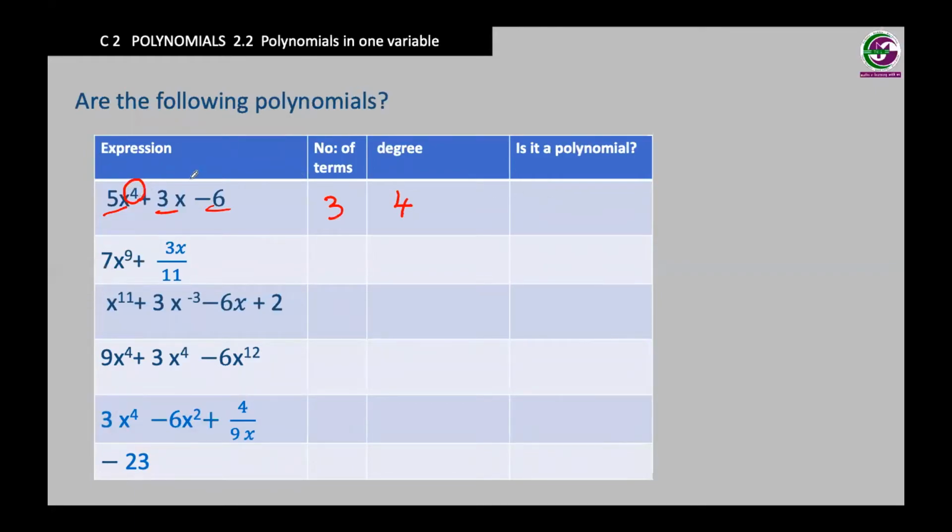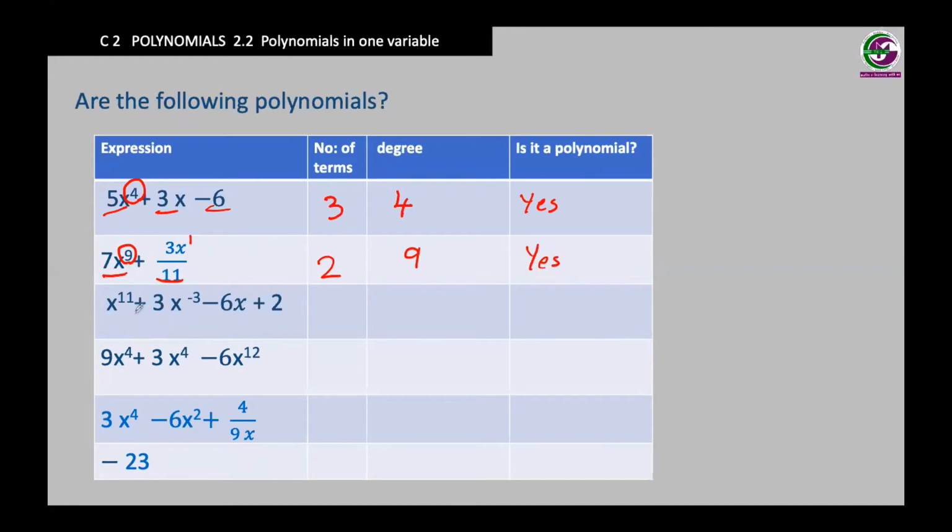Power is 4, power is 1. Both are whole numbers, so yes. Next one. How many terms are there? 1, 2. So 2 terms. And what is the degree? The highest one, which is 9. Is it a polynomial? Yes, because power is 9 here and power is 1. Both are whole numbers. So it is a polynomial.